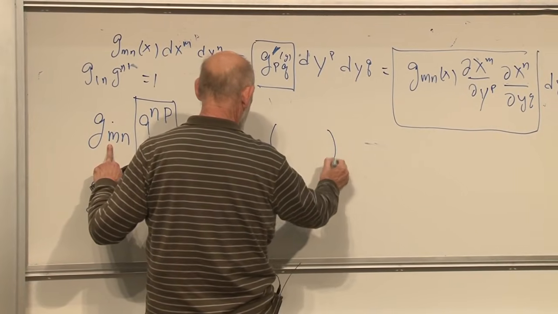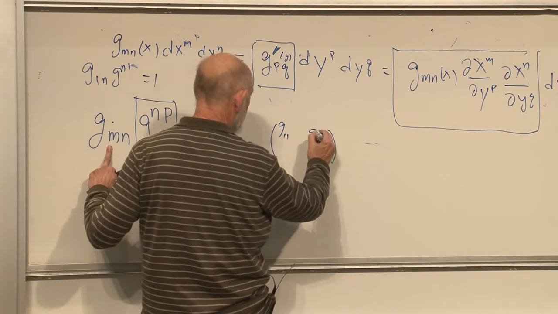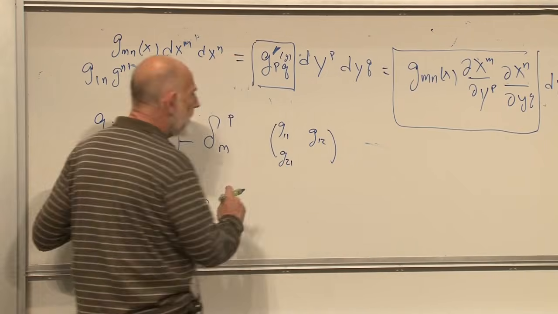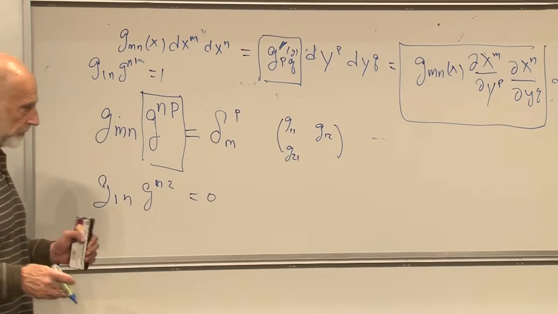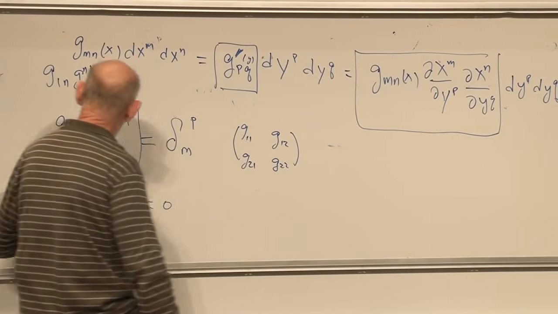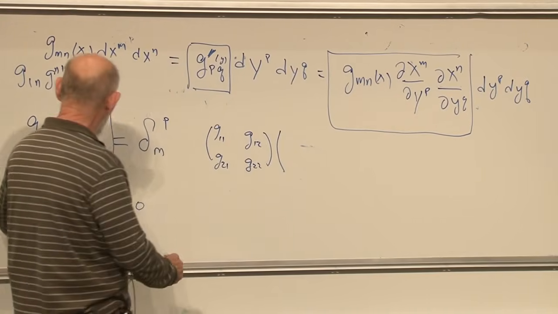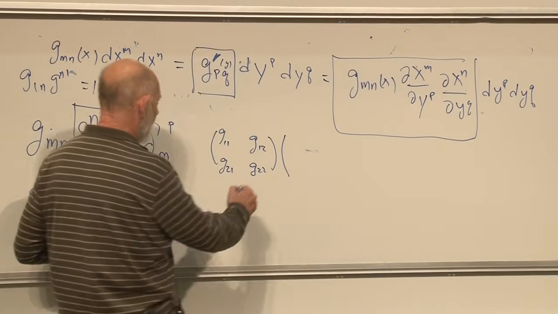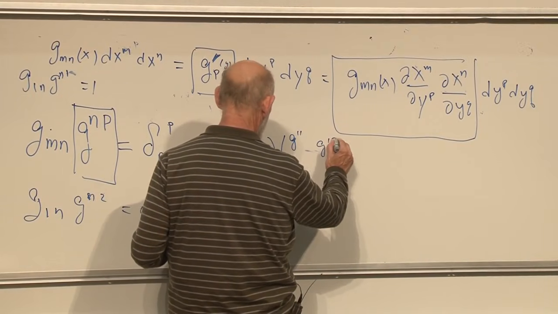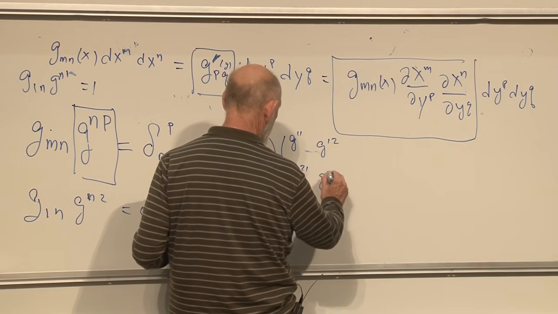We start with a matrix which is g_11 with lower indices, g_12, I'll call it g_21, but g_21 is the same as g_12, and g_22. That's this matrix. Now we multiply it by another matrix whose indices are upstairs, and this is g^11, g^12, g^21, g^22.